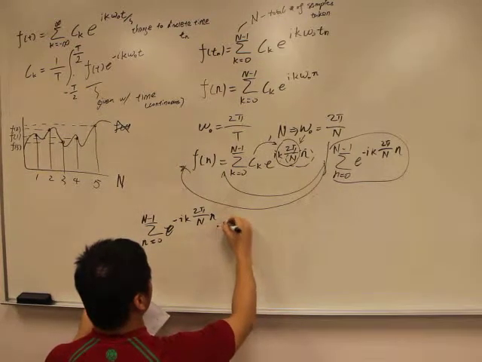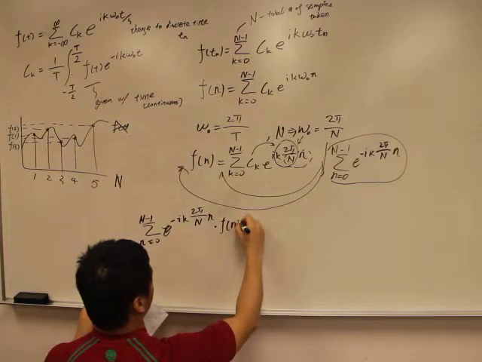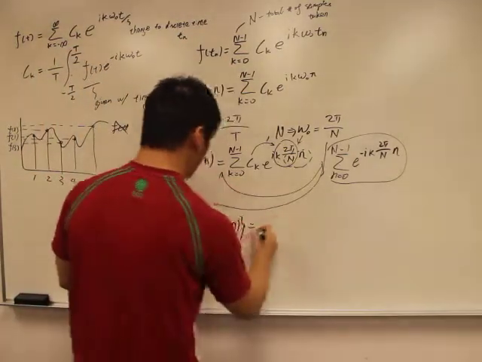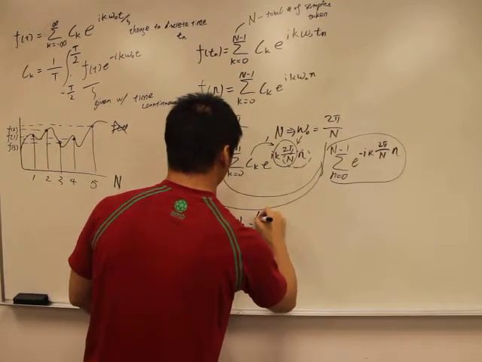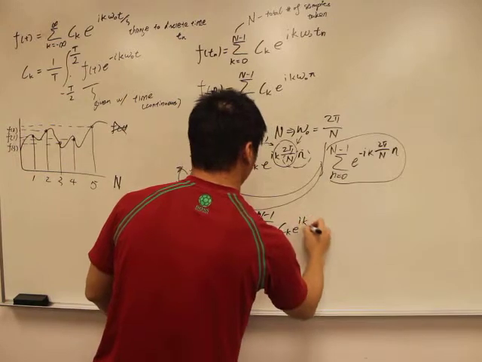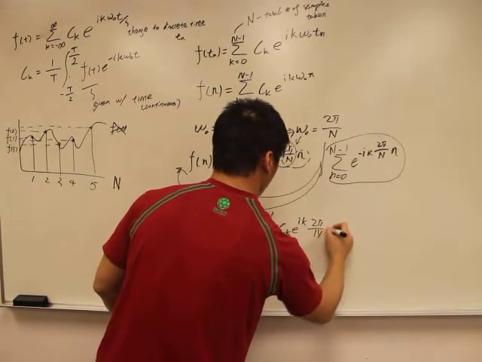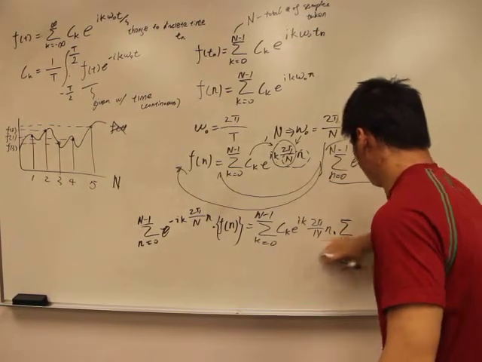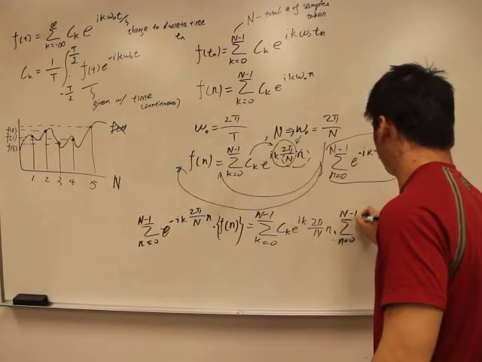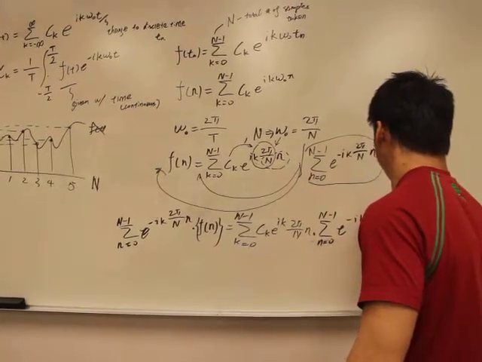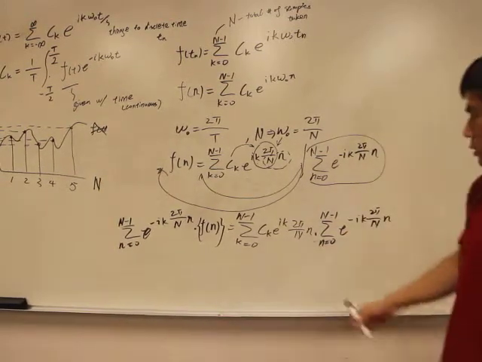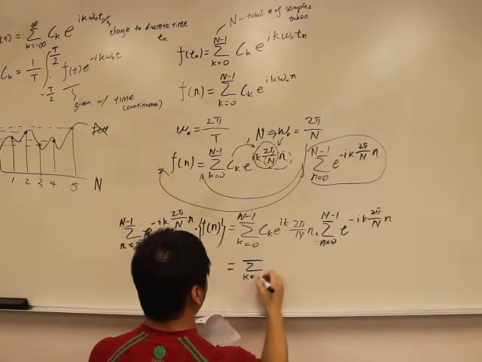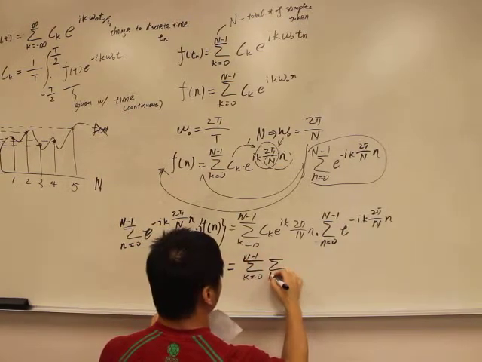times the function f of n, just put it in parentheses so you know, times the summation of that negative ik 2 pi n over N. We can simplify this into the summation k from 0 to N minus 1, summation n from 0 to N minus 1.